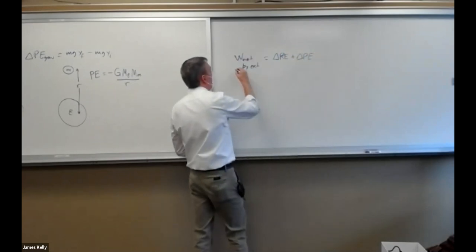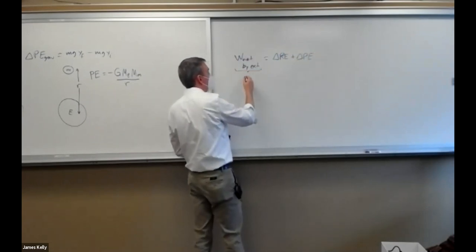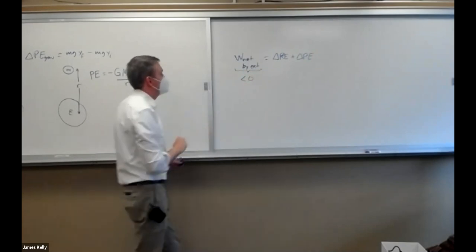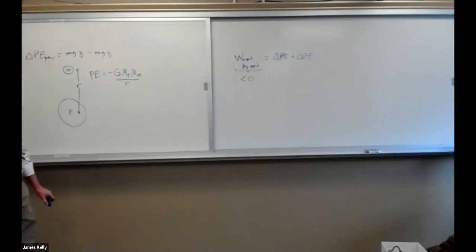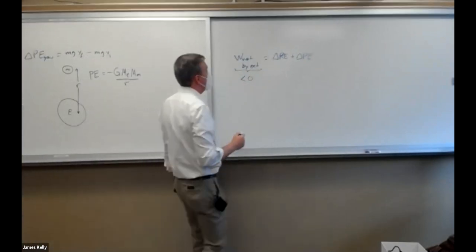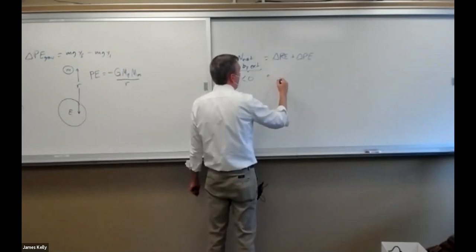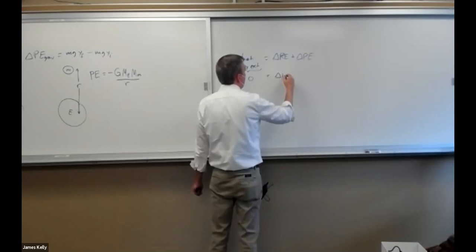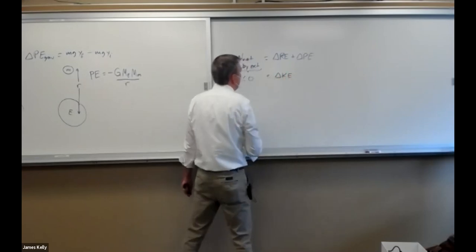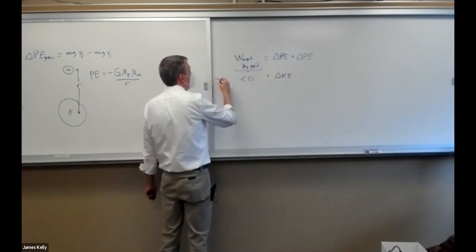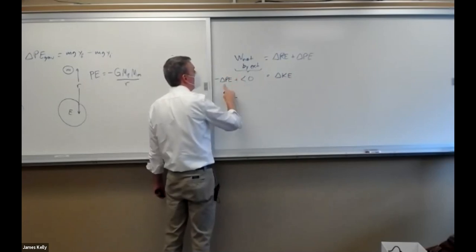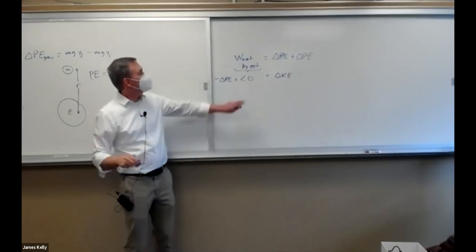In this case, our external force was air resistance, so it's doing some negative work. That means, for example, the change in kinetic energy is going to be equal to minus the change in potential energy plus something a little bit more negative.